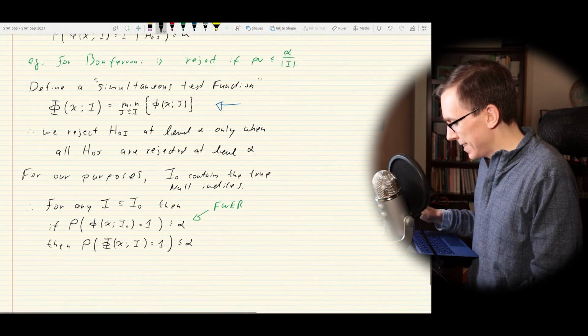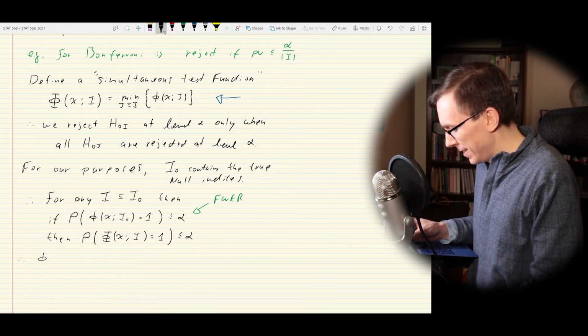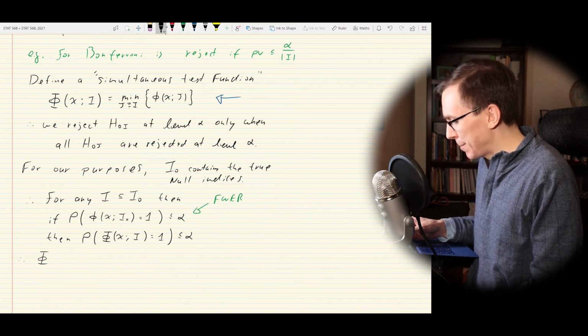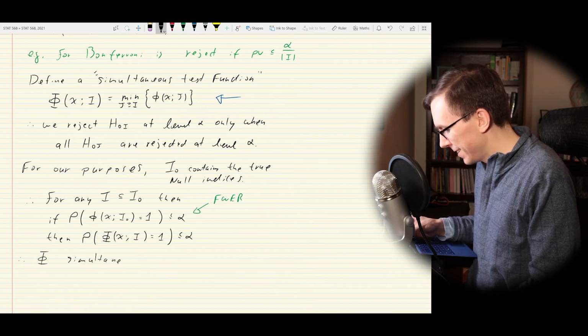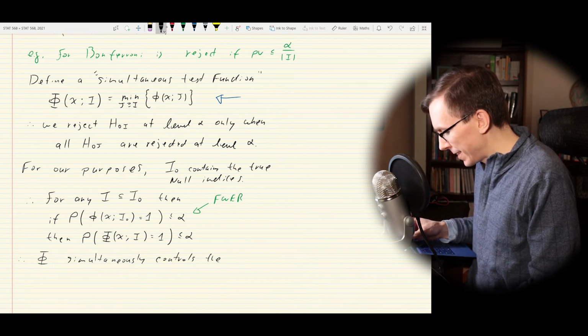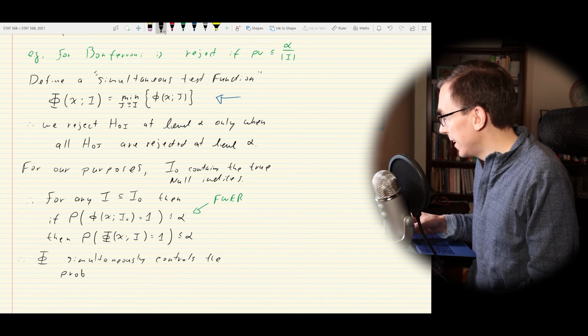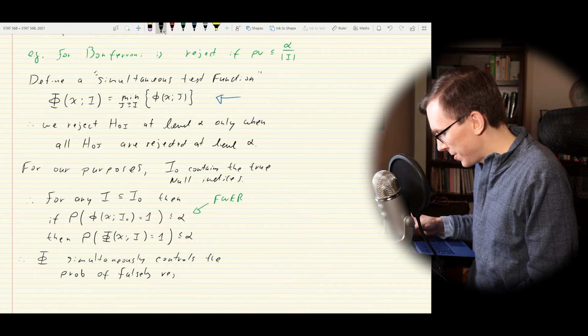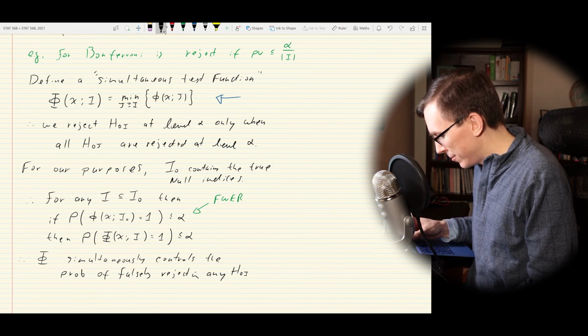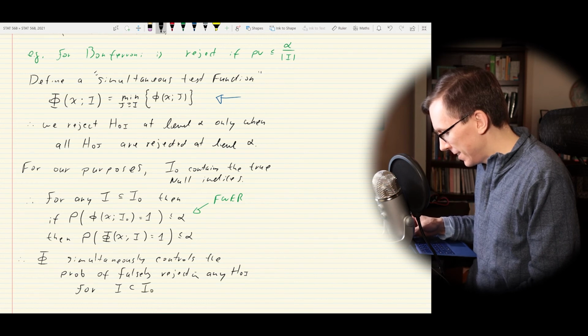So what that means is that, therefore, this capital phi simultaneously controls the probability of falsely rejecting any H naught I for I containing I naught.